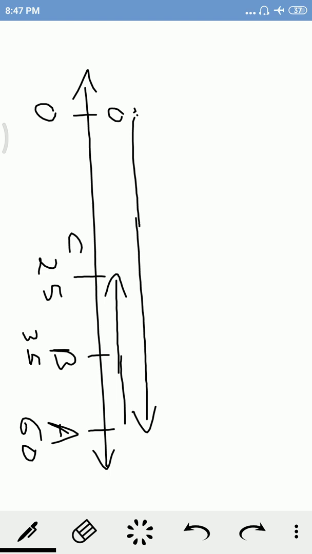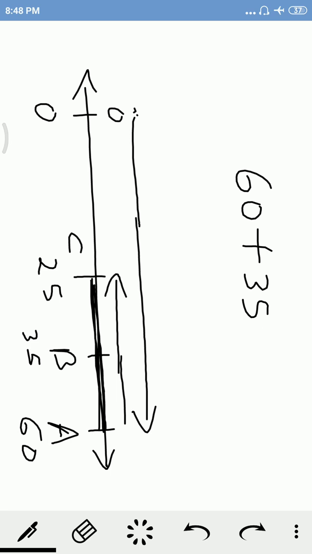So in this way, the total path covered by the object will be 60 plus, now in the backward direction, the distance covered by the object is 35, because the total distance is 60 kilometer, and in the backward direction the object covered 35 kilometer. So the total path covered by the object is 95 kilometer.